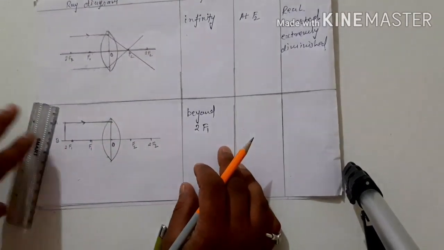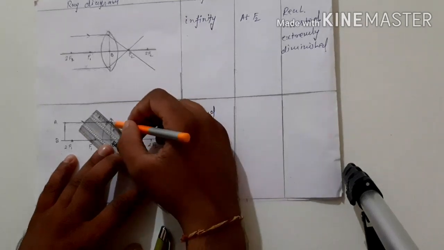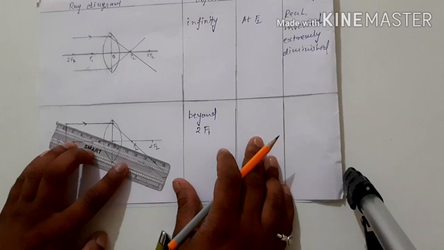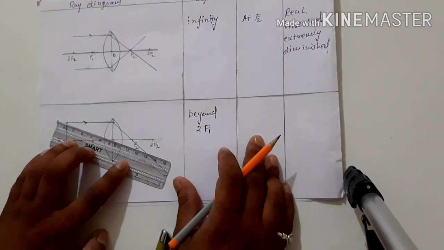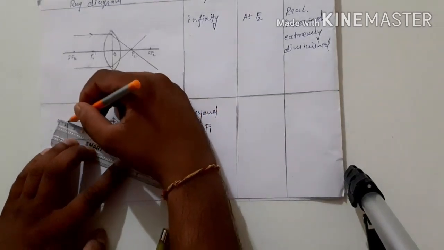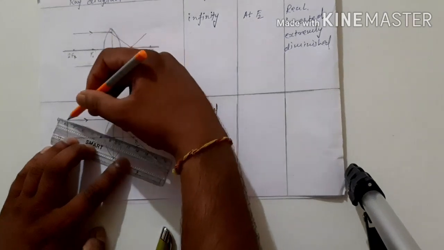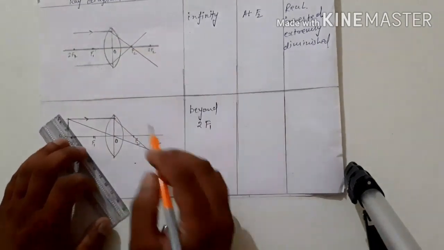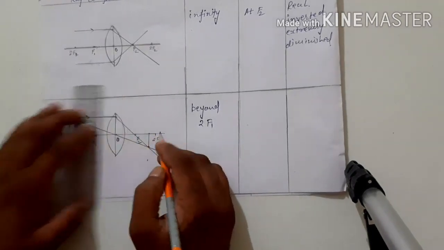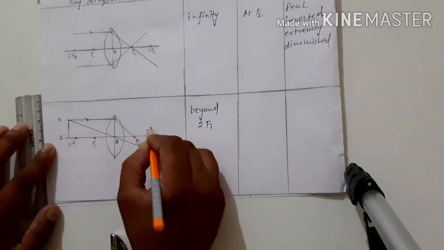It will always pass through F2, so let us make it pass through F2, like this. The second ray passes through the optical center O, so let us make it pass through O. Where they intersect, we will draw the image, that will be our A dash, B dash.